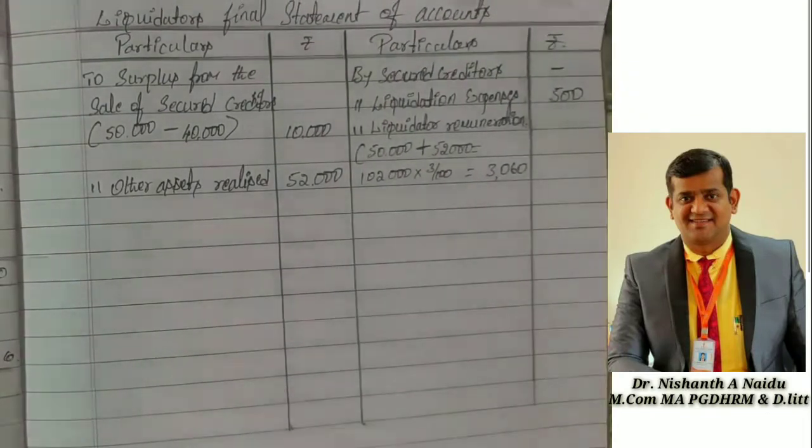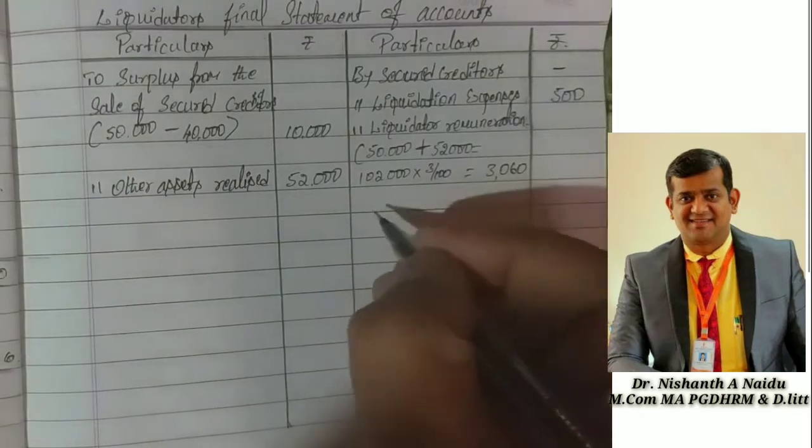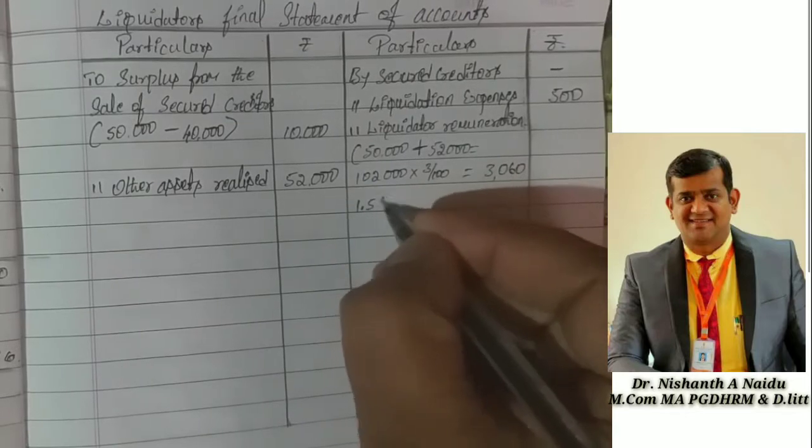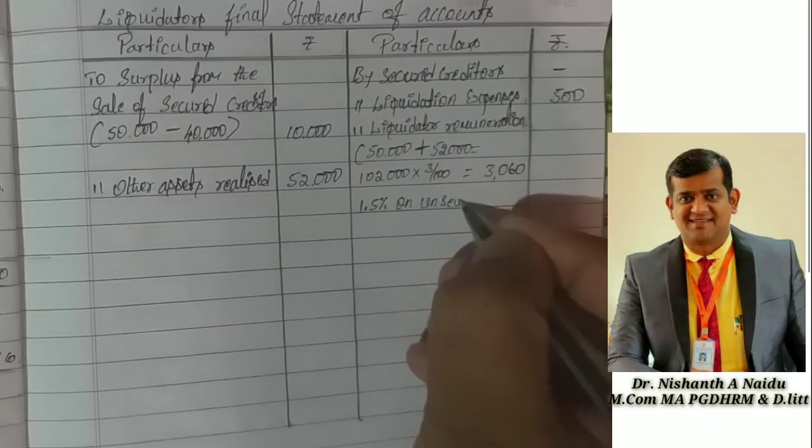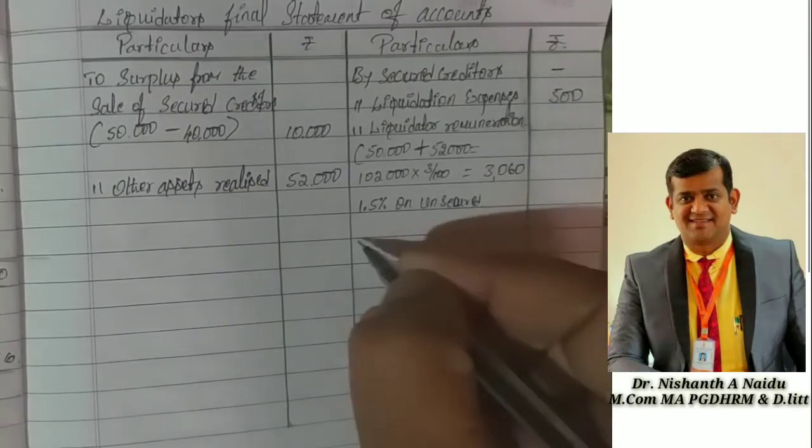After that, they said, and 1.5% on the amount to be distributed to unsecured creditors. So next, 1.5% on unsecured creditors, because he clearly said in the problem 1.5% on the amount to be distributed to unsecured creditors.